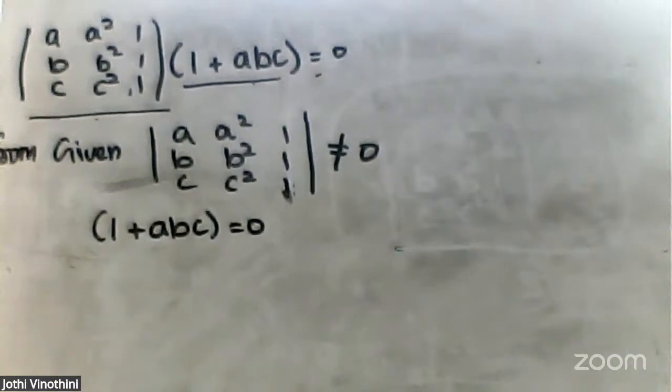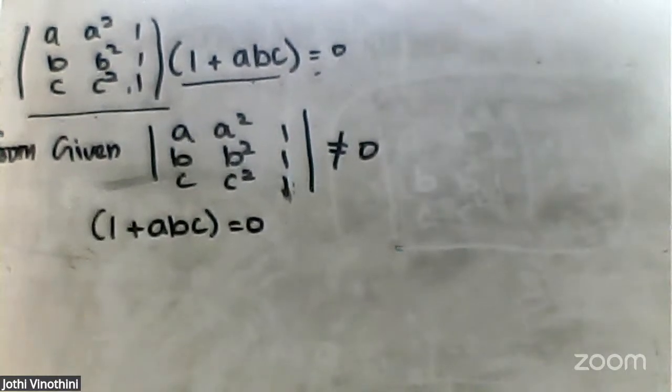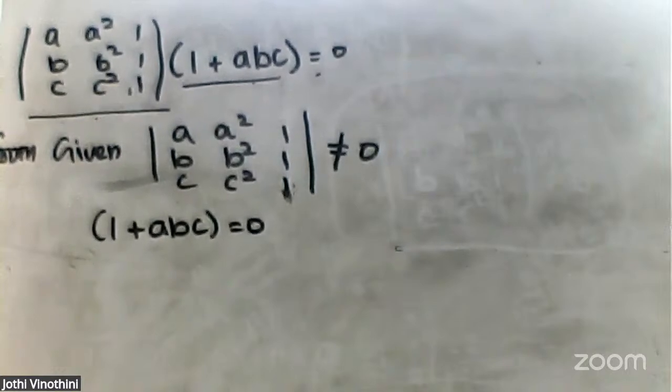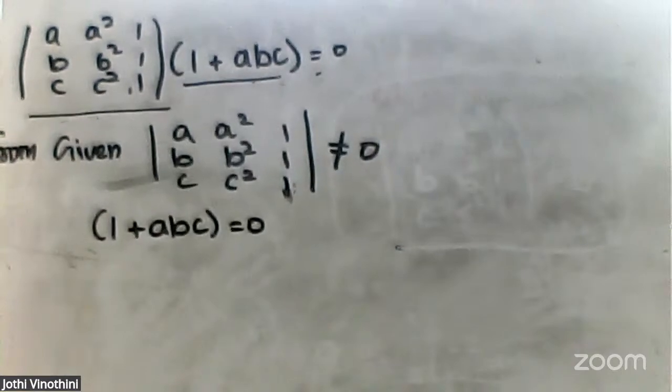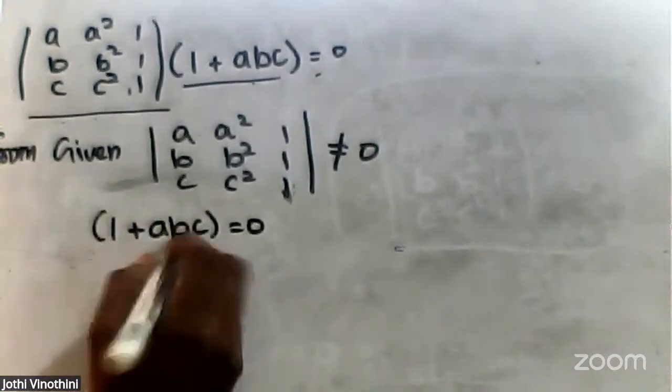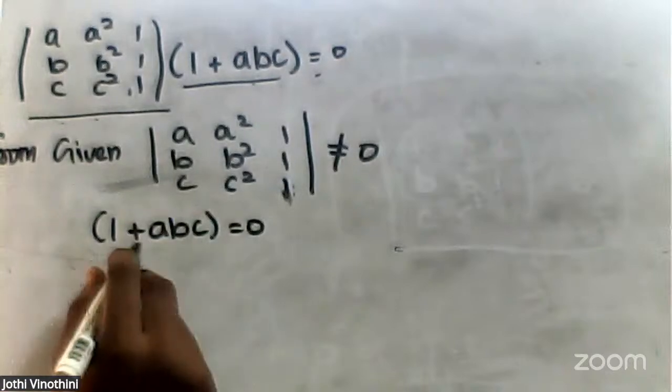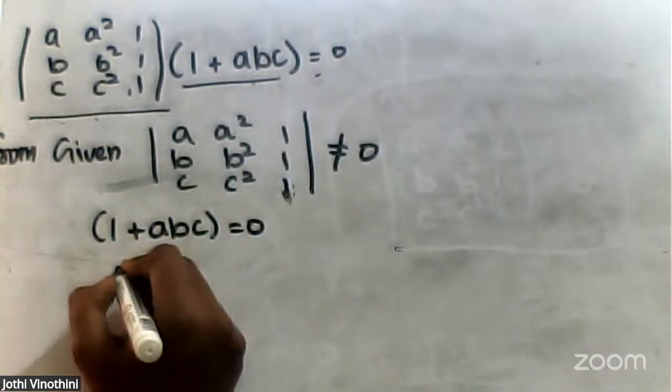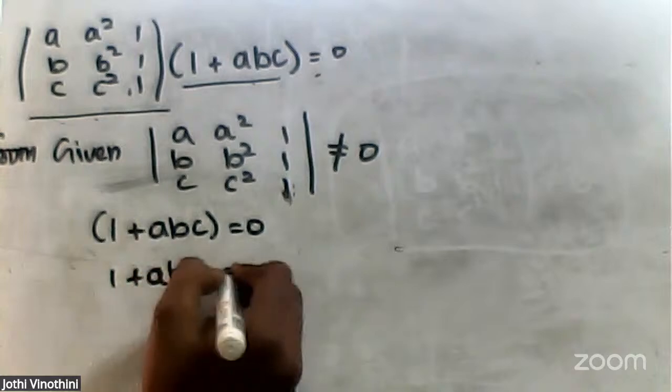Clear? Do you have any doubt in this? Did anybody have a doubt in this? Yes. So okay. So now we know that 1 plus A, B, C equals 0. So we can write 1 plus A, B, C equals 0.